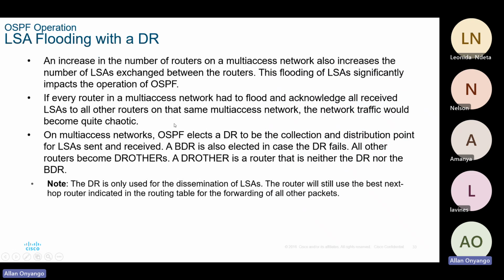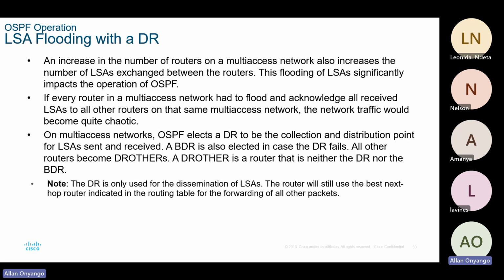We'll just need to elect a DR to prevent the flooding of those messages and help us prevent the usage of more bandwidth within the network. So the DR receives it and the BDR receives a copy, but the DR communicates to everyone in the network. Now, the DR becomes the collection point of all the messages.